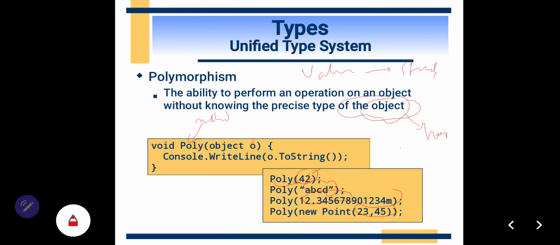You don't need to insert integer here or string here. No need. You just use this polymorphism.